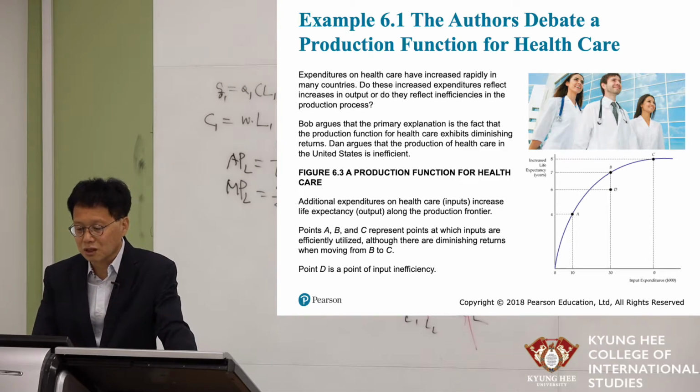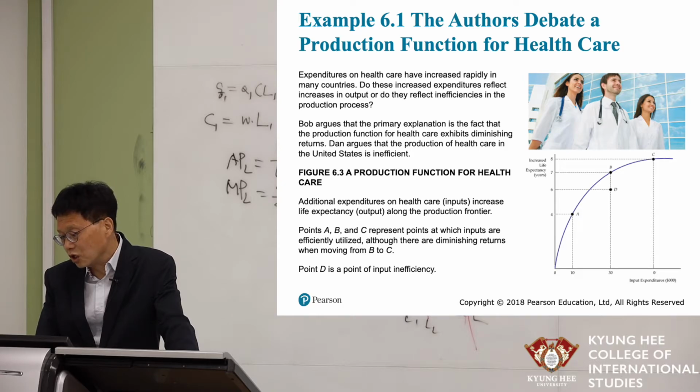Some authors argue, US economists discuss this. Bob argues that the primary explanation is the fact that the production function for healthcare exhibits diminishing returns, so it is shaped like this. In other words, the marginal product of labor decreases.